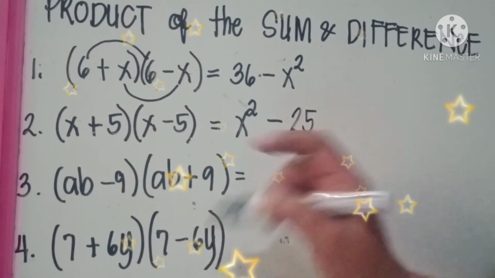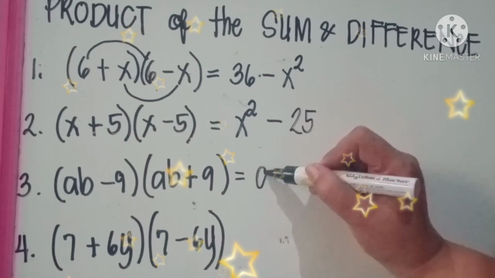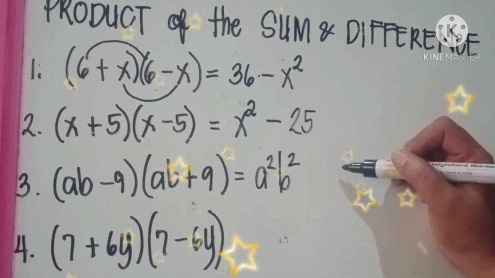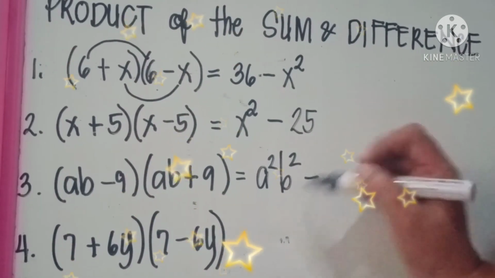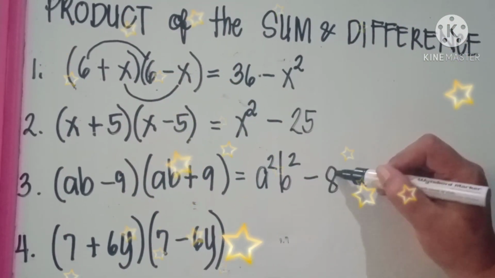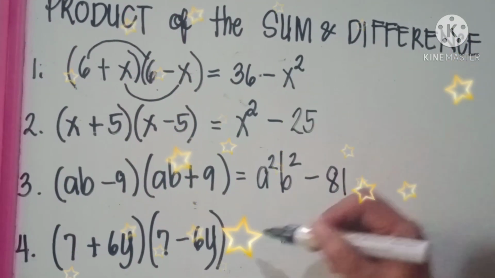Then, number 3, ab multiplied by ab is a squared b squared. Then, minus 9 times 9 is 81. Dali, di ba?